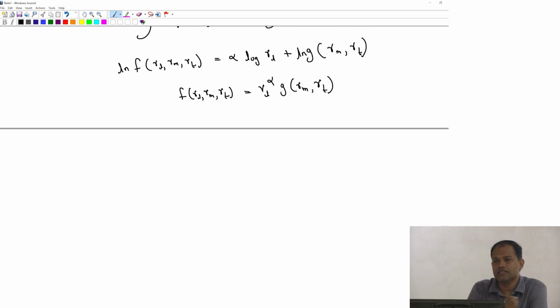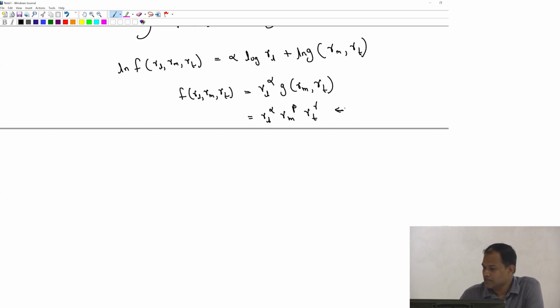But you can see that this L was just one thing that we chose. We could do this with respect to M, and we could do this with respect to T, which means I am going to end up with RL to the power alpha, Rm to the power beta, Rt to the power gamma. Right?